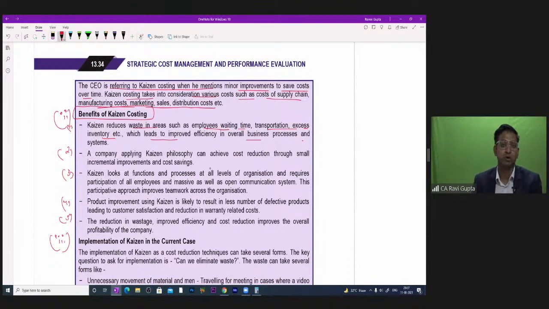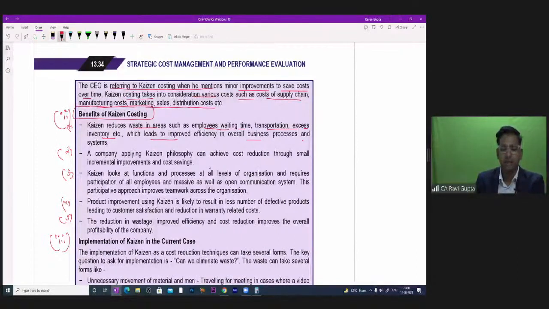So definitely the Kaizen costing is all about reducing the waste in every area. It speaks about improvement, and how we can achieve improvement, however small. Generally it does not focus on large modifications or changes. It only speaks of small continuous improvement, which could be achieved in the form of reduced waiting time.